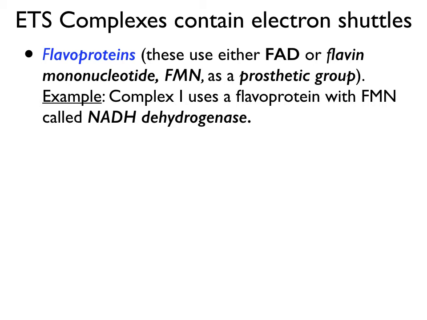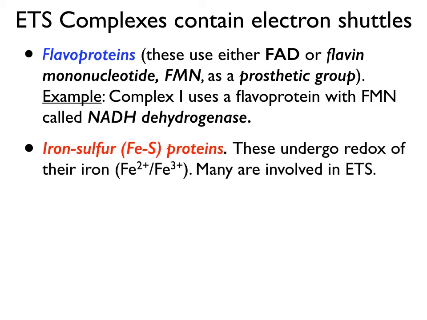This transfers electrons from NADH into the system and results then in the oxidation to NAD+. A second class of electron transport complexes are iron sulfur proteins, and these undergo redox of their iron group, and many of these are involved in electron transport as well.